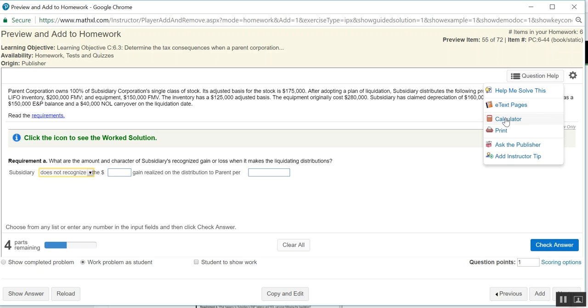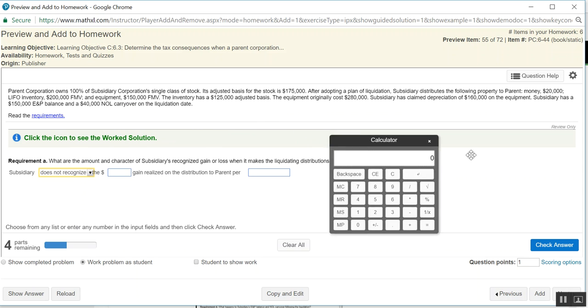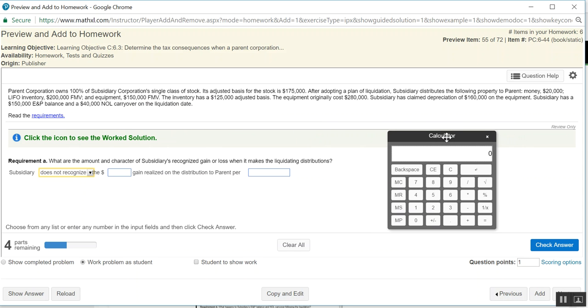In this instance, we should probably grab the calculator. We have to calculate the amount realized minus the basis in all the property distributed. First of all, money has a basis and fair market value equal to each other, so we can just disregard that in the calculation of our realized gain, because it's included both in the amount realized number and in the basis number.